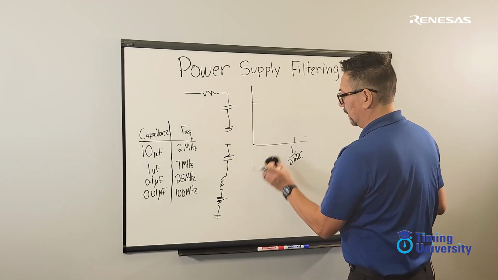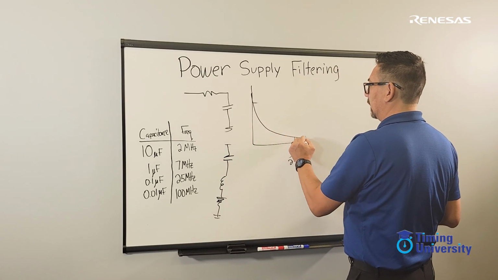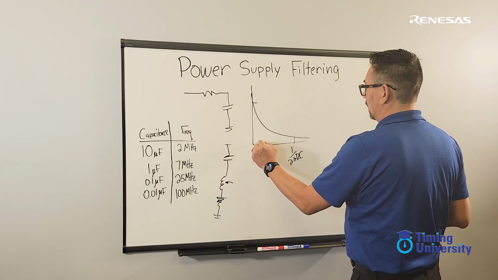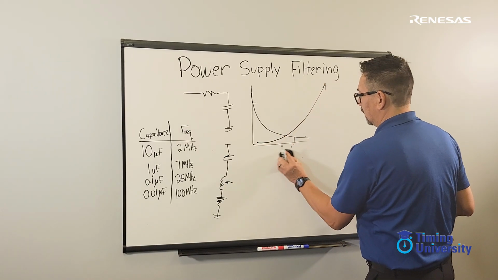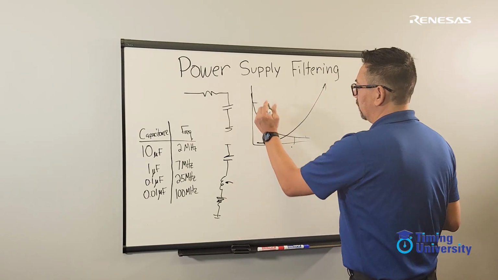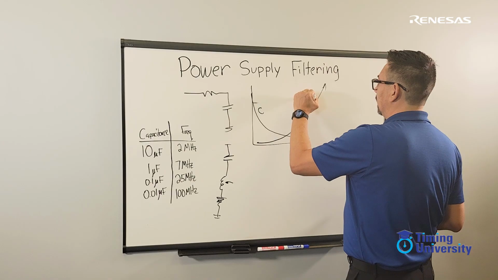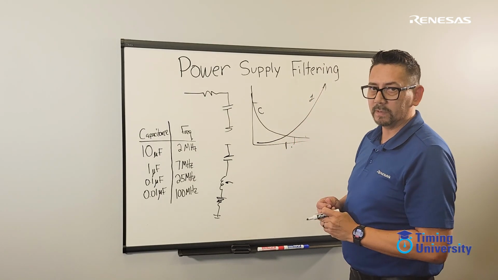So let's just look at the impedance for this capacitor. It looks like this. At high frequency, the inductor is dominant. And there comes this point where the impedance of the capacitance and the inductance is at a minimum point. And this is the self-resonant frequency.